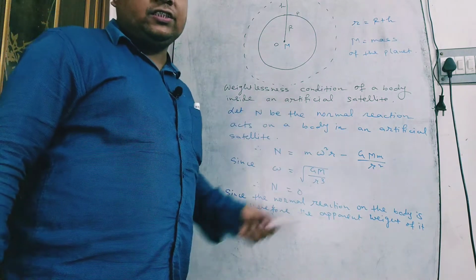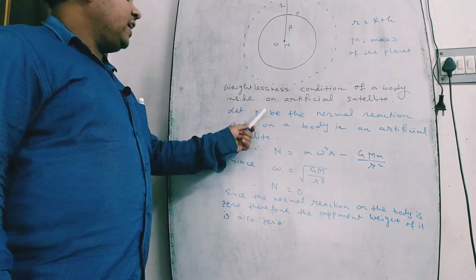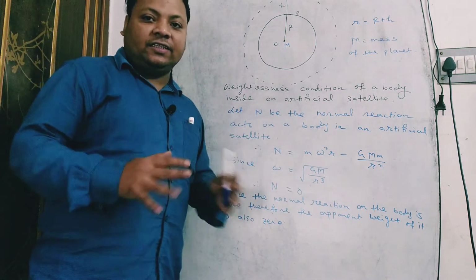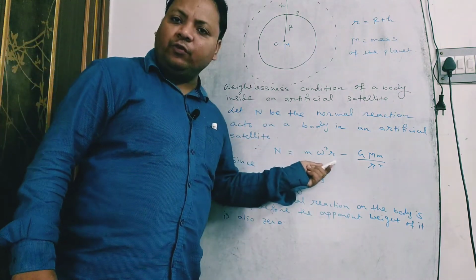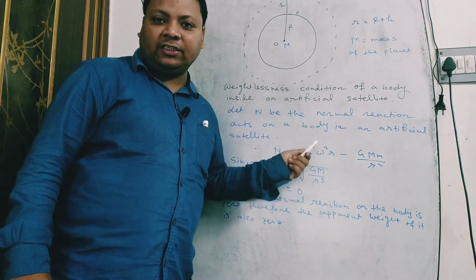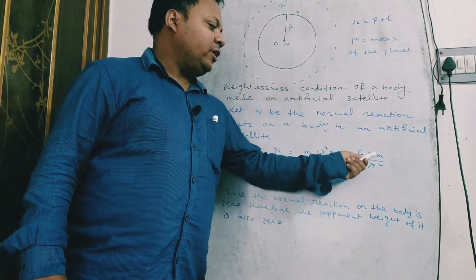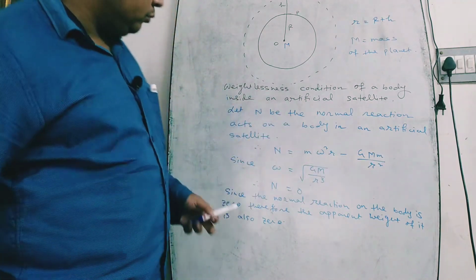Now, the weightlessness condition of a body inside the satellite. Let capital N be the normal reaction acting on a body inside a satellite. Here, capital N is equal to the centrifugal force acting on the body, that is m omega square r, minus capital G capital M small m by r square, that is the gravitational attraction.